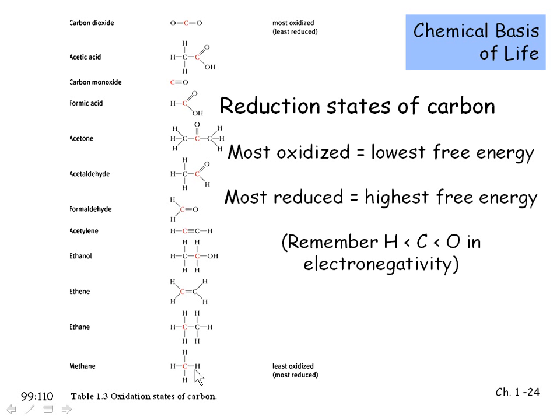That's the most reduced state of carbon. And you can go through in between and get the general sense of being more or less reduced as a carbon atom. And if you remember the core relationships between carbon, hydrogen, and oxygen in electronegativity, you can use that as a way to remind yourself of which one is which.